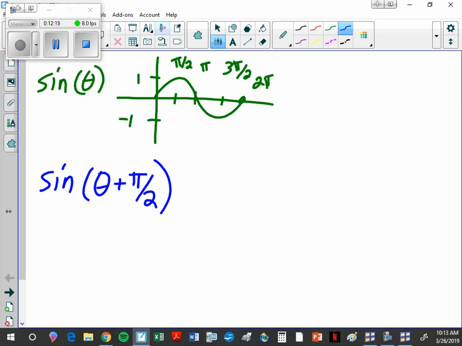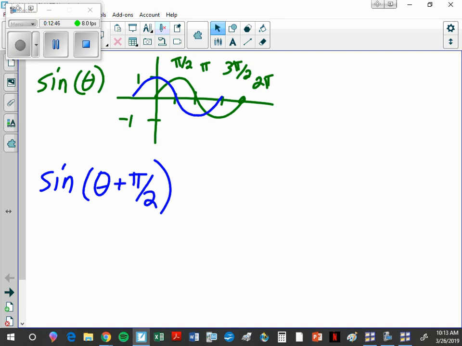We're going to slide it to the left, essentially 90 degrees. Okay? So I'm going to take this curve here, and I'm going to pull it to the left 90 degrees. What does that look like? That is the cosine graph.